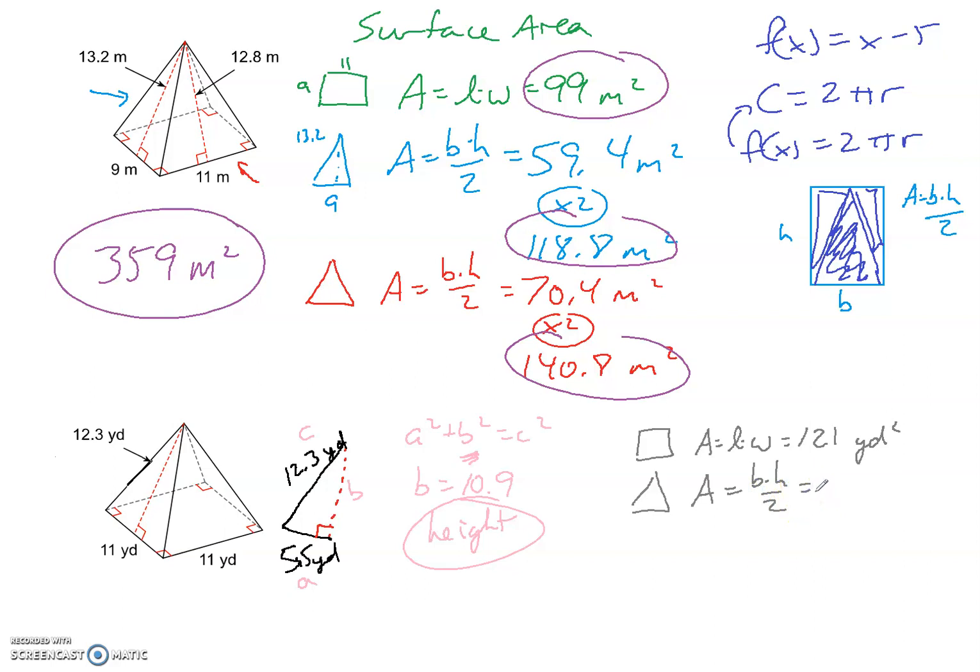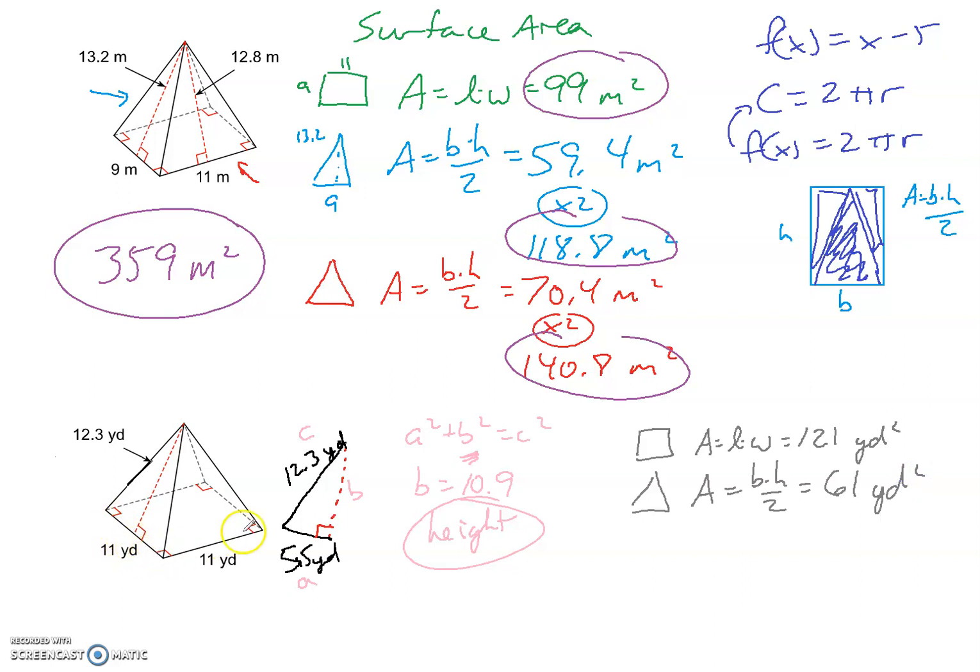My base is 11, my height is the 10.9 that I found, so pretty much almost exactly the same. So I'll multiply those and then divide by 2. And that gives me about 61 square yards. I'm rounding off a little bit, but around 60, 61, somewhere around there.